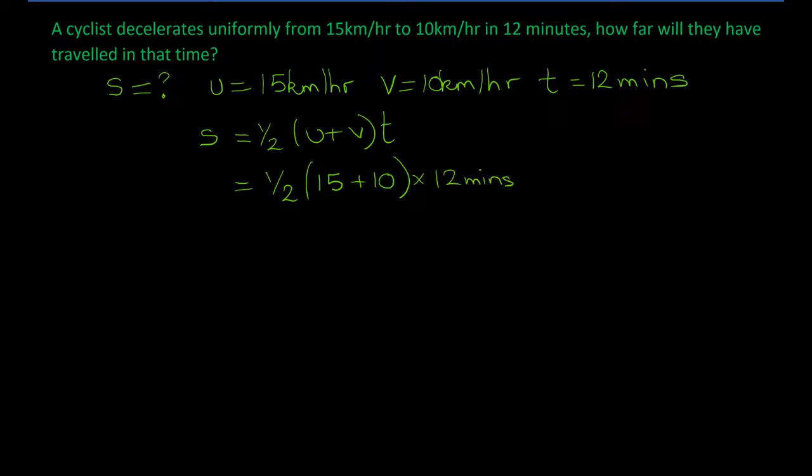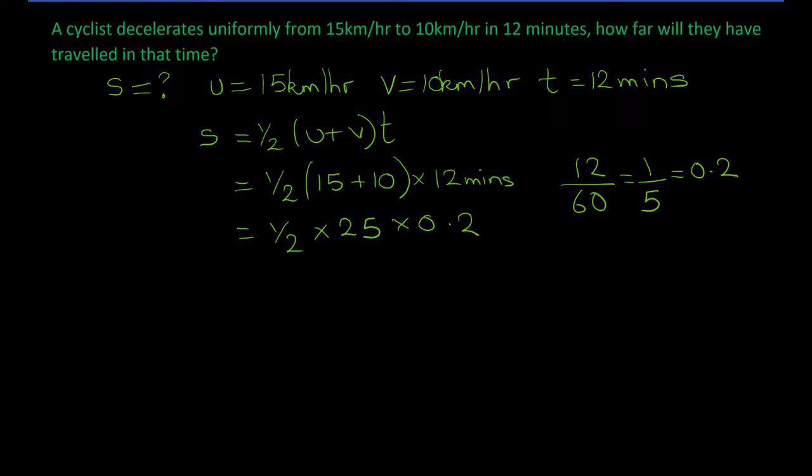Now we've got to be careful here because notice the speeds were in hours. So we actually need to convert the 12 minutes into hours, otherwise we're going to have a very dodgy answer. So 12 minutes out of an hour, which is 60, is the same as 1/5 of an hour, which would be 0.2 in decimal form. So we've got a half times 25 times 0.2.